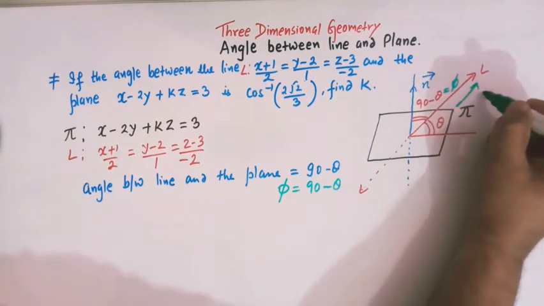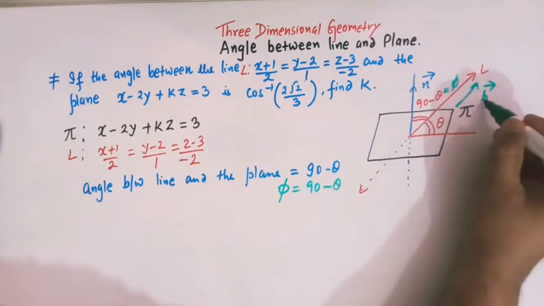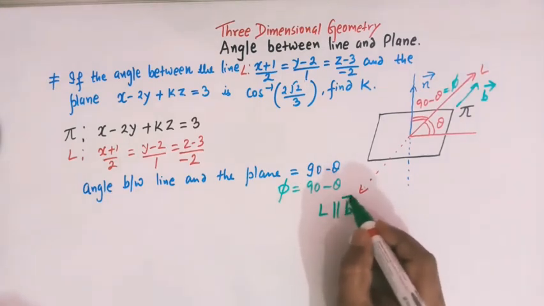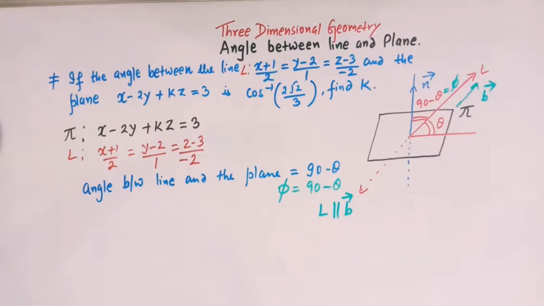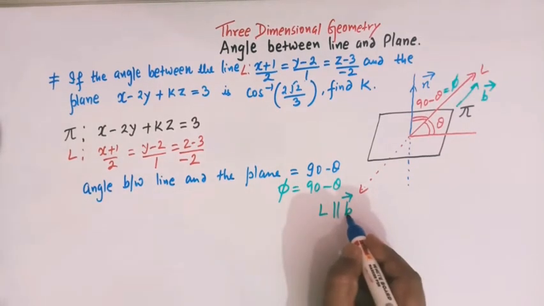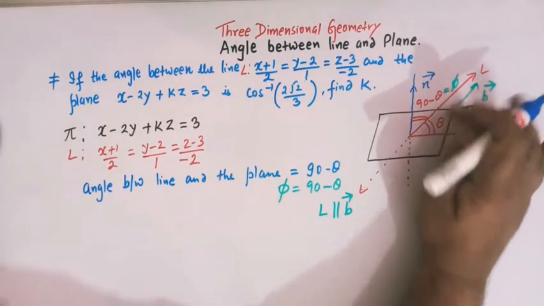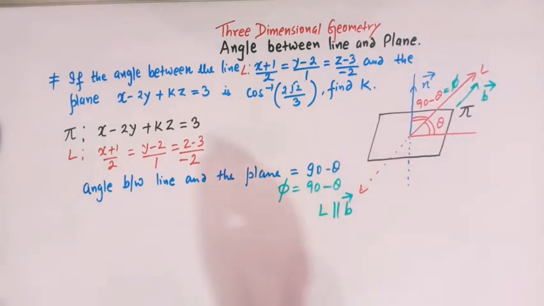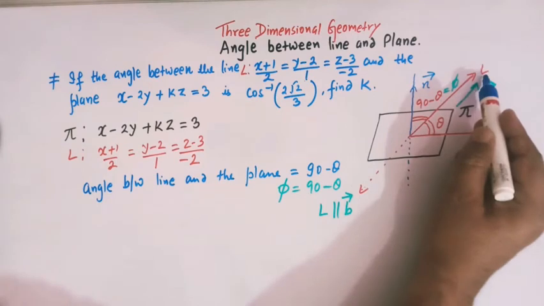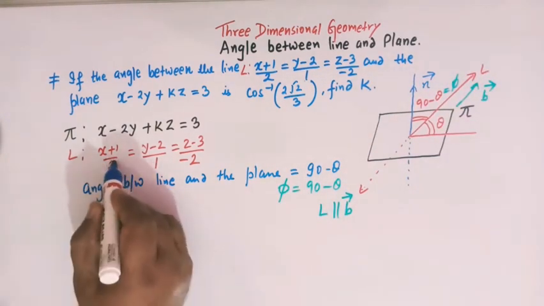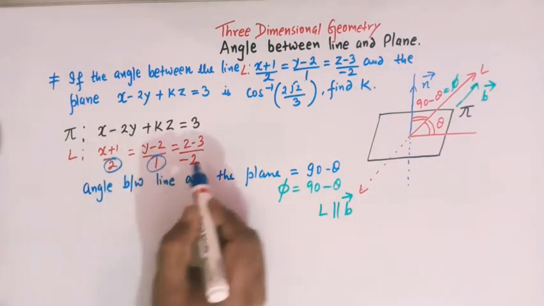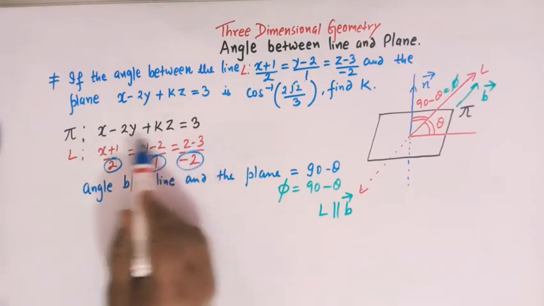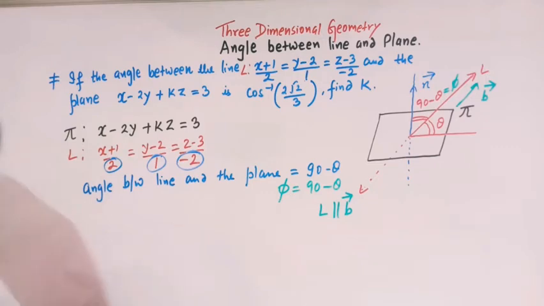Suppose this is the vector b, and this vector b is always parallel to the line L. So now this vector b, which is parallel to this line L, and which also gives the direction ratios of the line L, is given by these three numbers, right? Provided the equation of the line is expressed in the standard form.